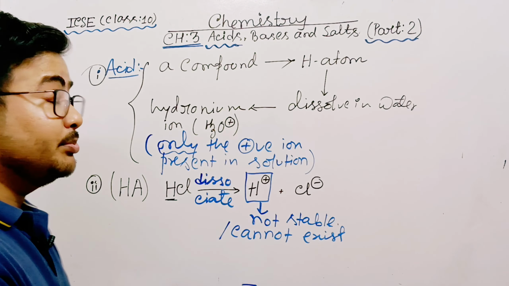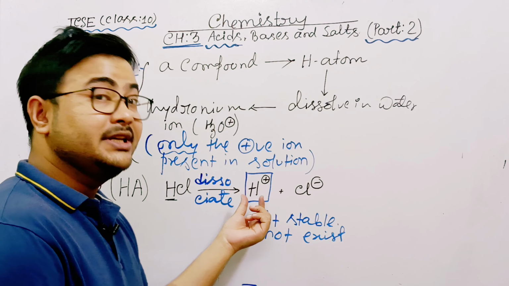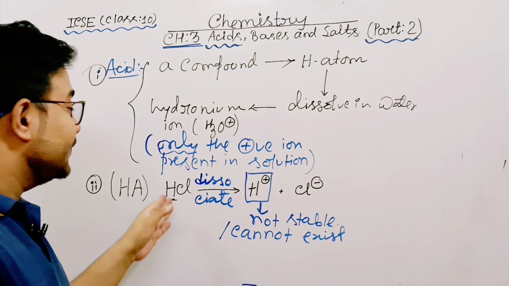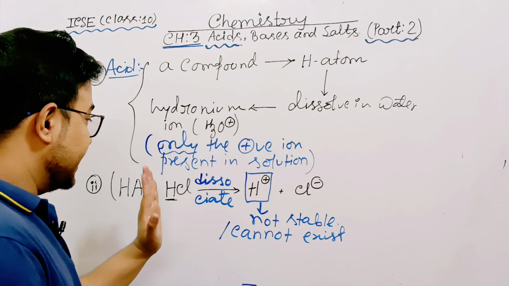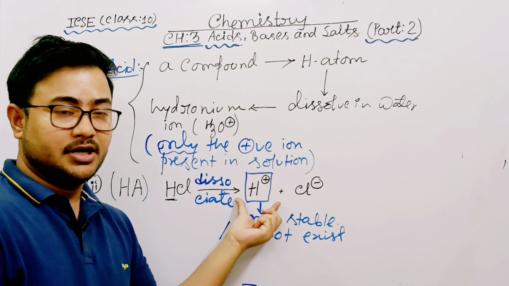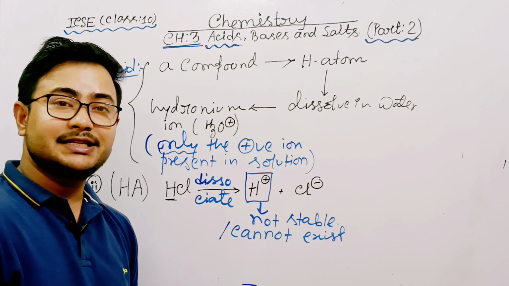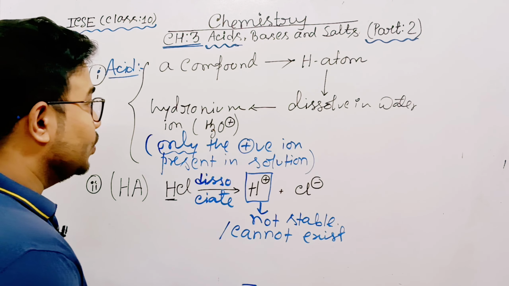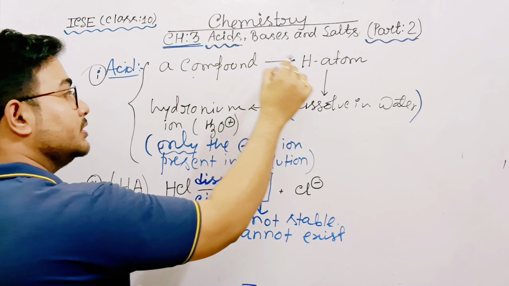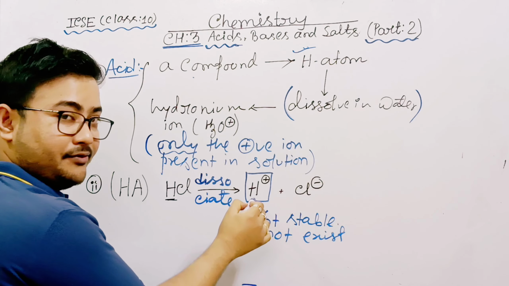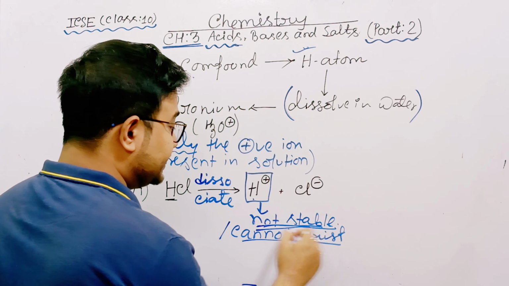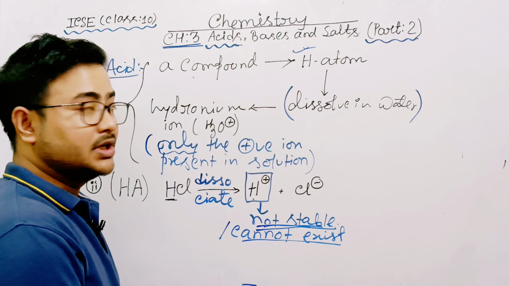So now the problem is that it cannot exist. So how will you define an acid? Give focus. Acid when it dissociates must form H plus ion, but it cannot exist independently. So see the word: acid, a compound containing H. We have H, but it is not stable.